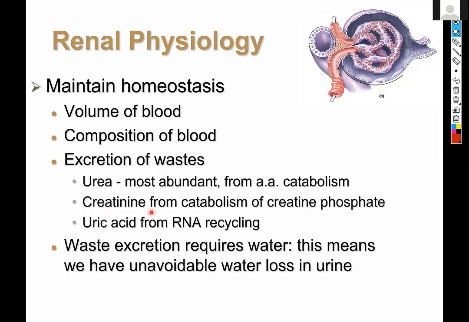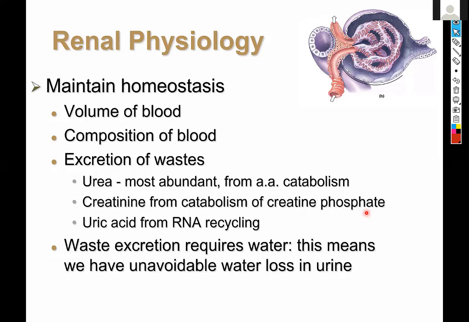Creatinine, which is the byproduct of creatine phosphate metabolism. So here's a link between the kidneys and the skeletal muscle. So if you think way back to discussions of muscle, we did talk about the order of fuel use in muscle and where the muscle ATP comes from for skeletal muscle.